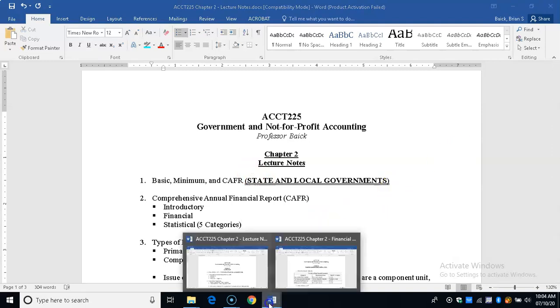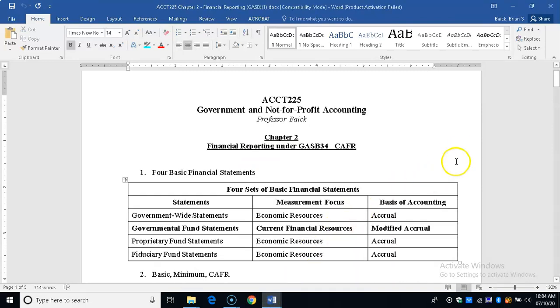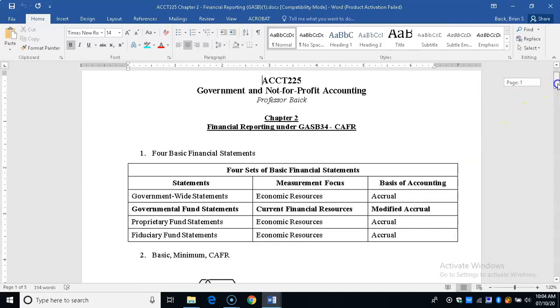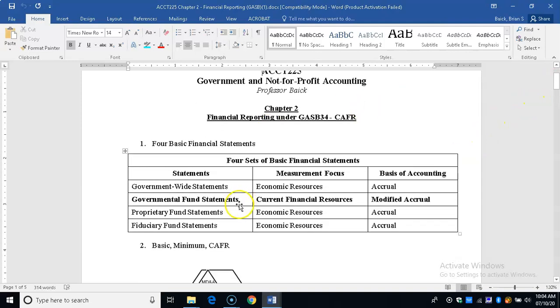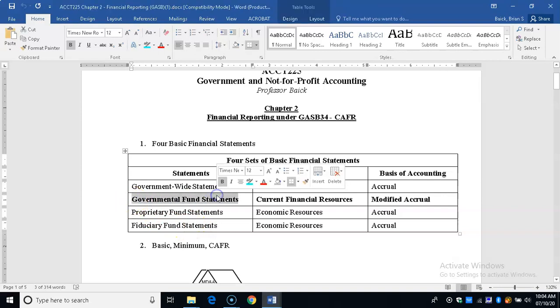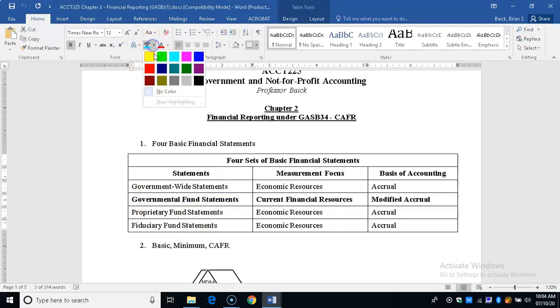Now, if you take a look at the lecture notes here, you can see that essentially we have 4 different types of financial statements. So we have governmental fund financial statements, we have proprietary fund financial statements, and we have fiduciary fund financial statements.